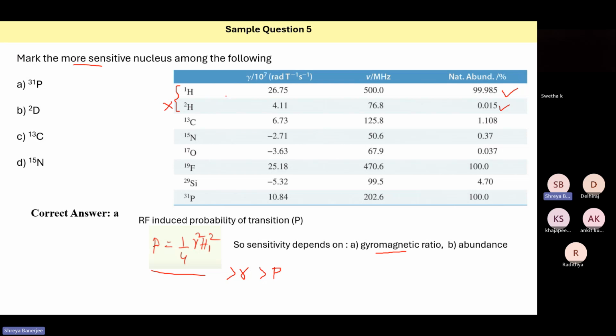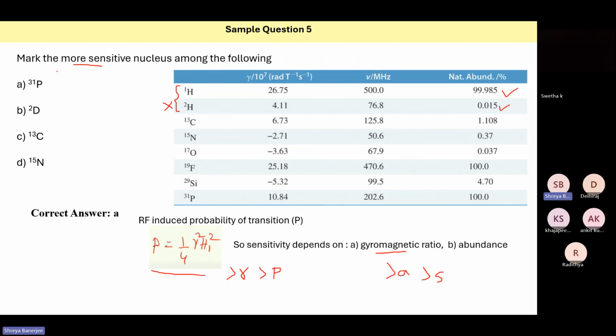Because suppose you have a sample, just a compound, only 0.015% of hydrogen in that compound will be 2H, so the signal strength will be very low. That is why the greater the natural abundance, I'm just writing it as A, the greater is your sensitivity, because with more abundance, more nuclei will be there and better will be your signal.